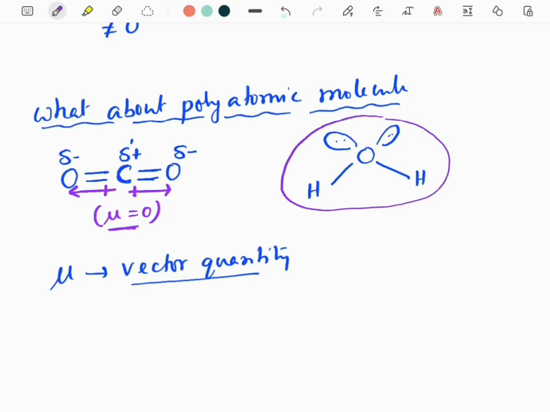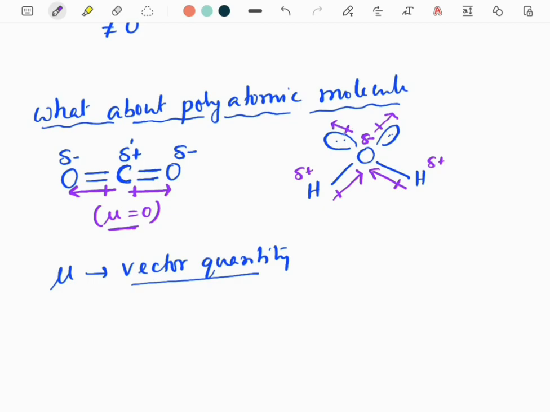Now see that in case of water, H2O, you have bond moments. So this will be delta positive, this is delta negative, this will be delta positive. So here you have a delta negative charge on the oxygen atom. The bond moment of this oxygen hydrogen bond will be acting along this direction, and the bond moment of the other oxygen hydrogen bond will be acting along this direction. Similarly, due to the lone pair of electrons, the bond moment will be acting along this direction.